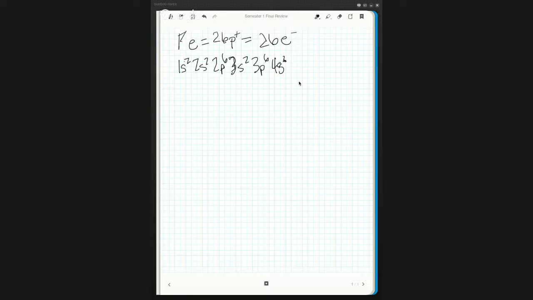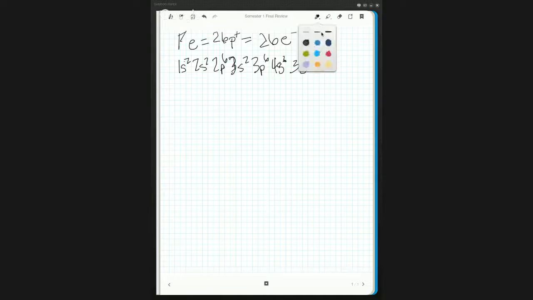It's 6 over, and since it's the fourth row, it's actually 3d. I believe that's 6. Okay. And just to make sure it's 26 electrons: 2 plus 2 is 4, 4 plus 6 is 10, 10 plus 2 is 12, 12 plus 6 is 18, 18 plus 2 is 20, 20 plus 6 is 26. Okay, so we're happy. This is a neutral iron atom, and it would be 26 electrons.